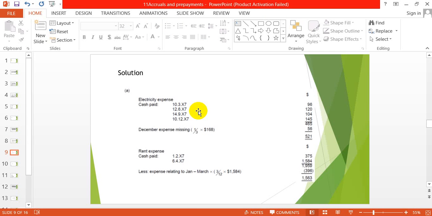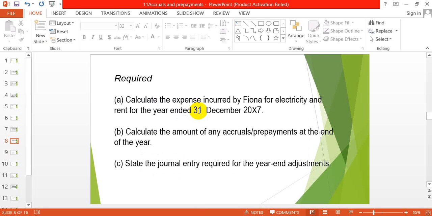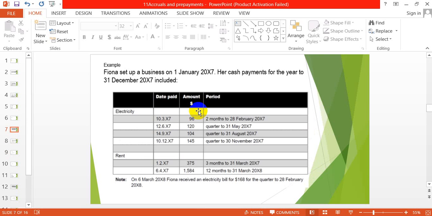Now, before we look at the solution, let's emphasize a few points. When you're accruing expenses, when you're recording expenses for a financial year, make sure that you have 12 months in total, 12 months of expenses reflected in total.